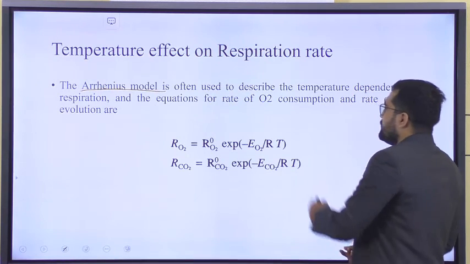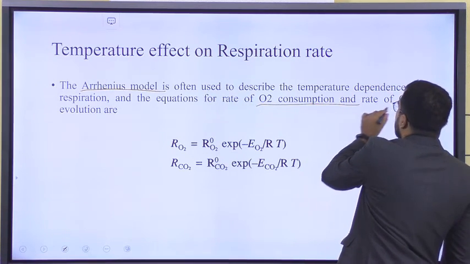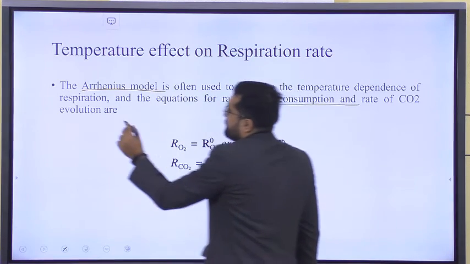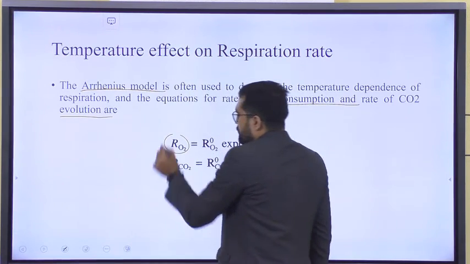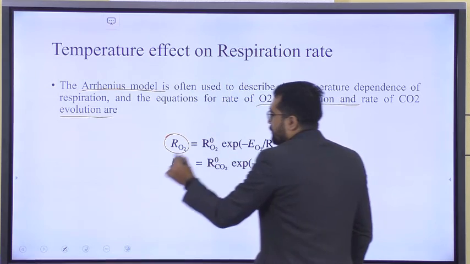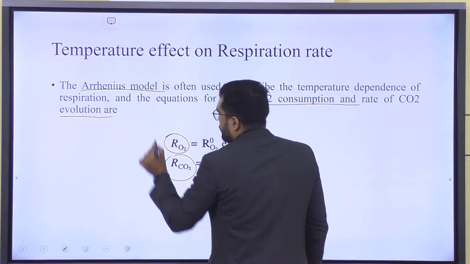In the equation here, we find out the O2 consumption rate and CO2 evolution rate. How much O2 we are consuming, respiring, and how much CO2 we are giving out.